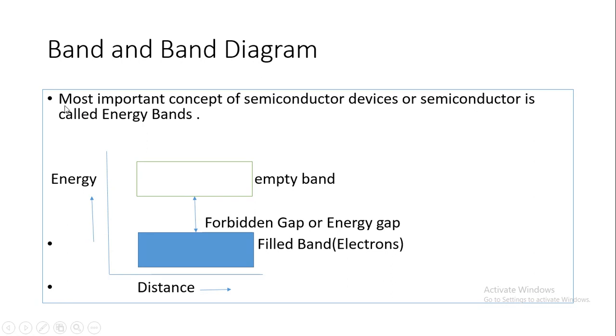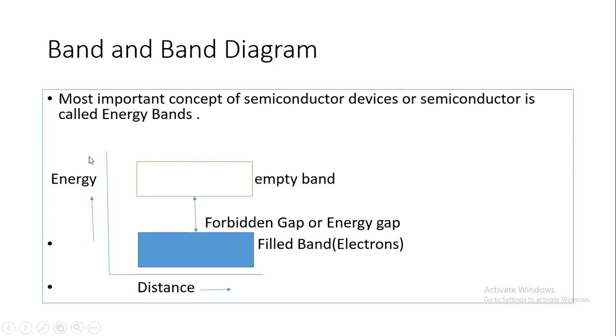So the most important concept of semiconductors is called energy bands. When you come across energy bands, what kind of question comes to your mind? You may ask how bands are formed.